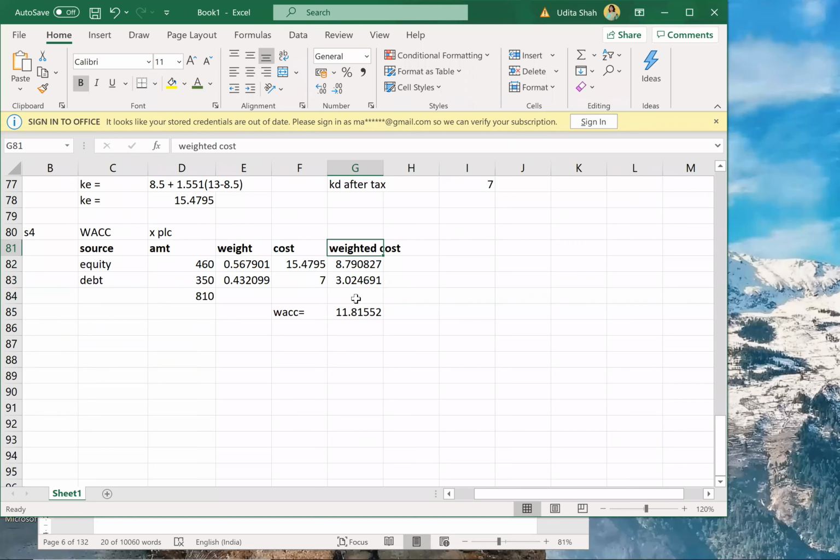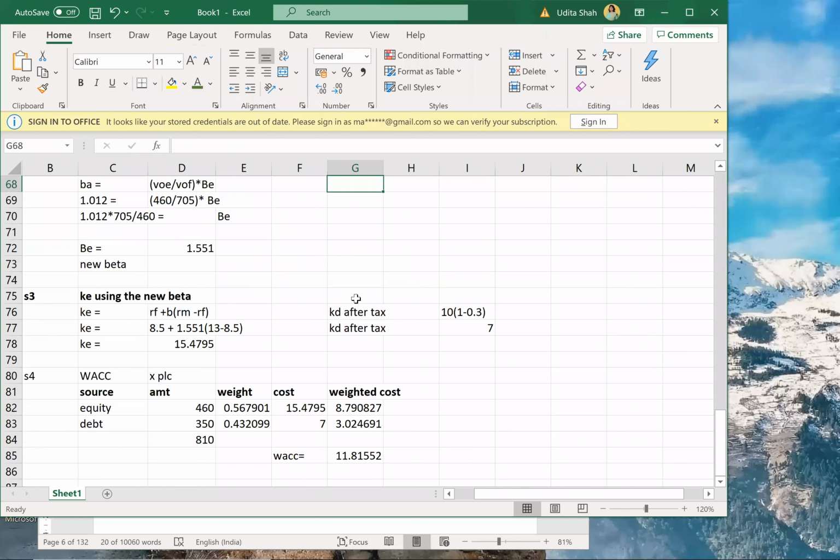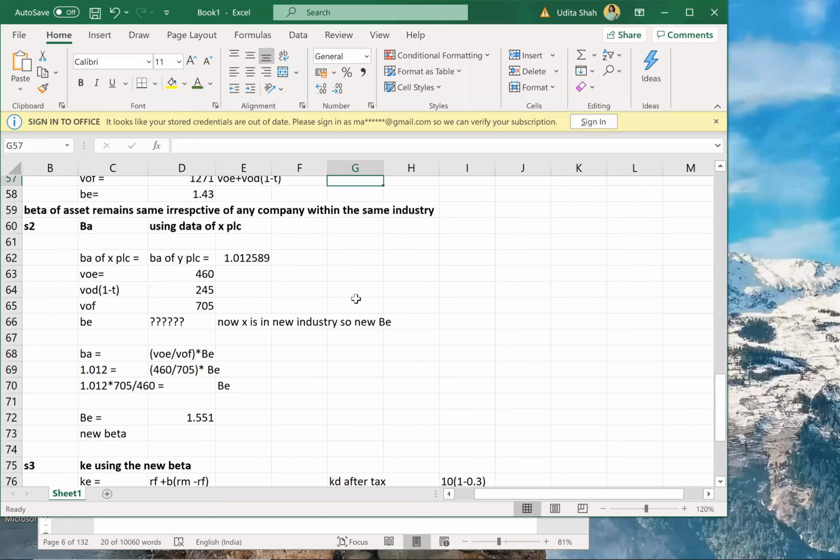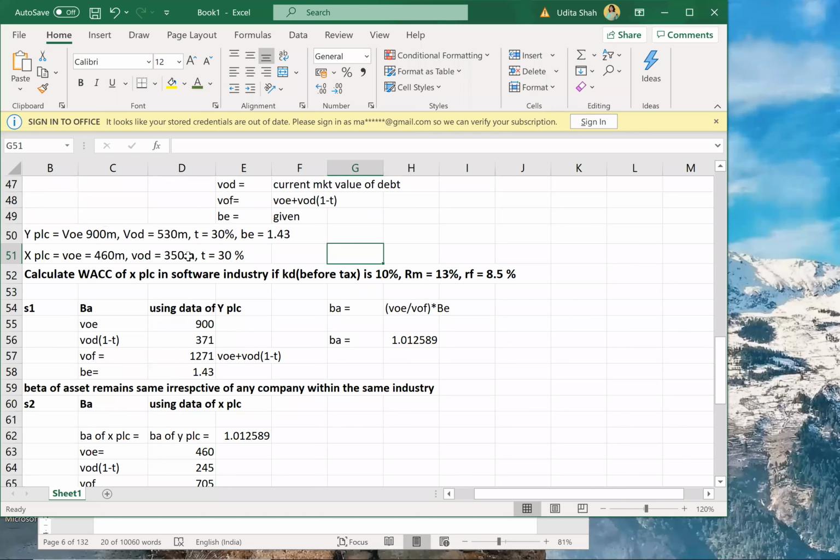We are calculating WACC of XPLC, right? We are calculating WACC of XPLC. So debt also of XPLC will take. So XPLC's value of equity was 460 and value of debt was 350. 530 was for YPLC.